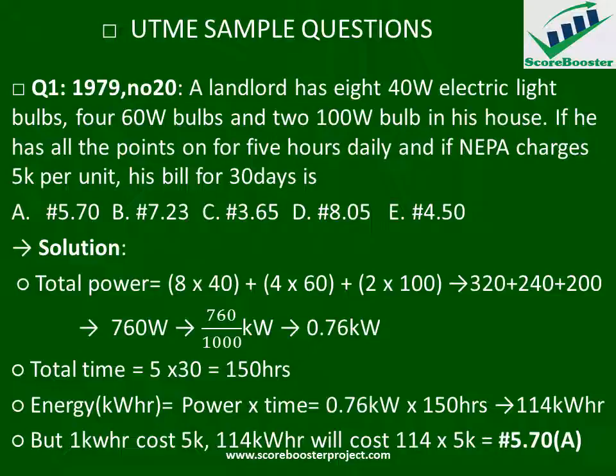So therefore 114 units will be 114 times 5 kobo, and that will give us 570 kobo, but 100 kobo is equal to 1 naira. Therefore 570 kobo will be 5 naira 70 kobo, making option A the answer for this question.